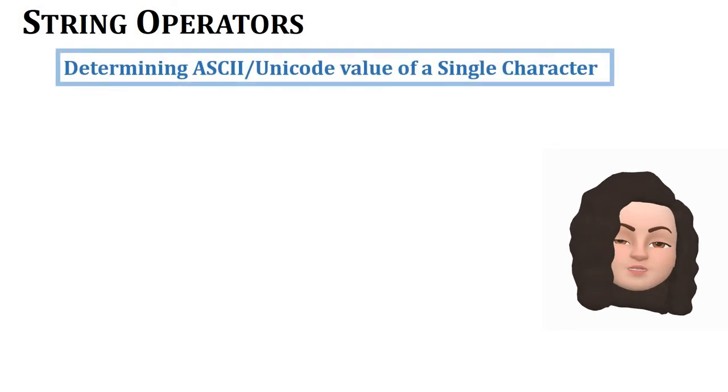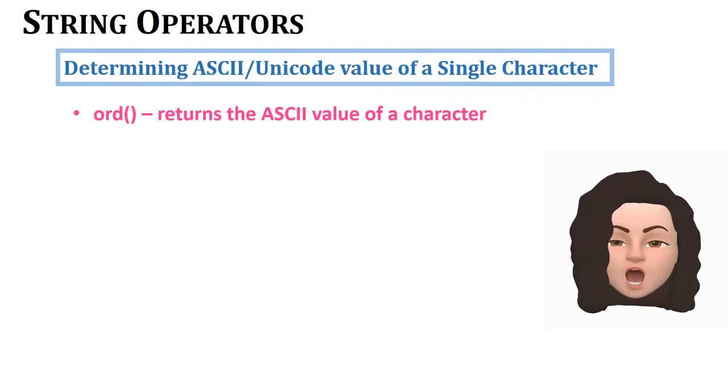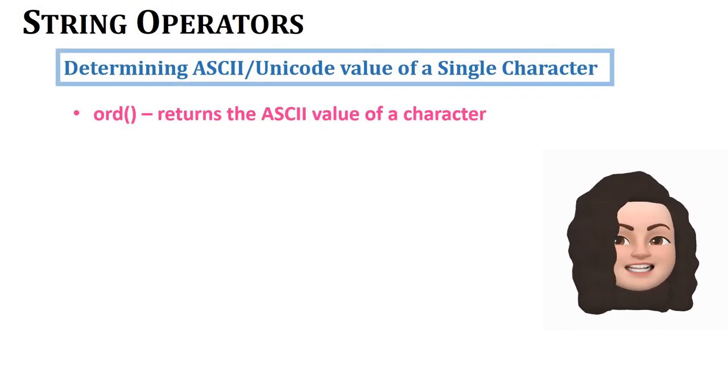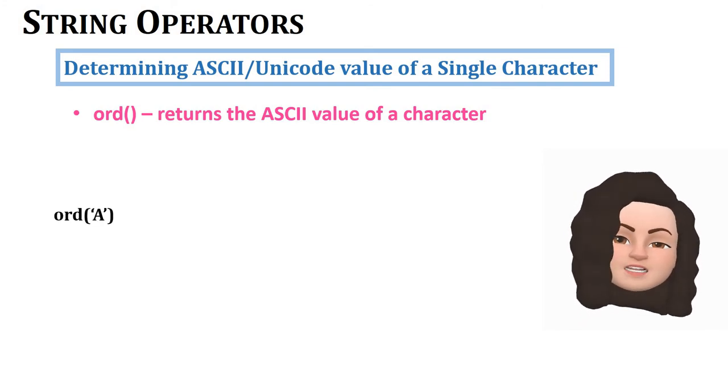How to determine the ASCII or Unicode value of a single character? There are two functions. One is ord, O-R-D, and the next function is the chr function. So, the ord function returns the ASCII value of a character. If you give a character, it will give the ASCII value of that character. So, ord of A. What is the ASCII value of capital A?